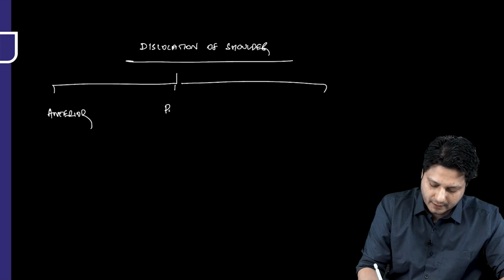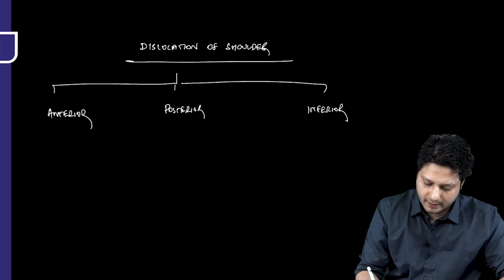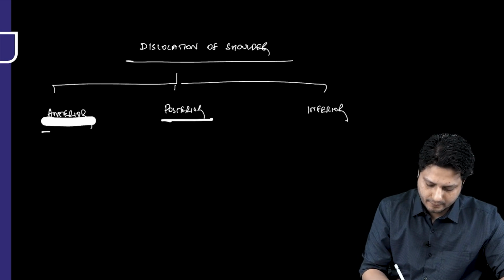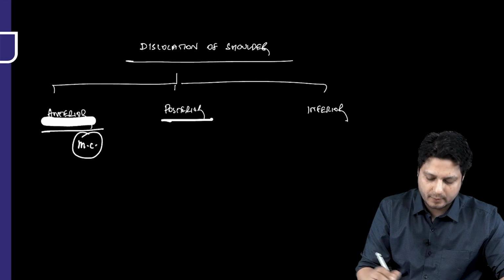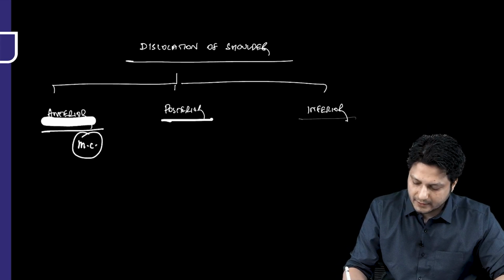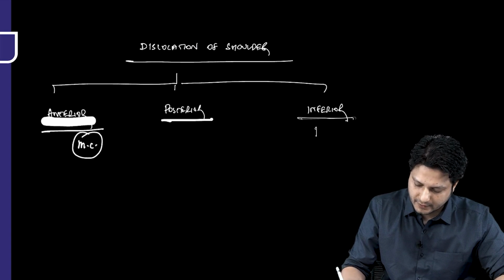The second one is posterior dislocation of the shoulder, and the third one is inferior dislocation. Out of these three patterns, the most common is the anterior dislocation. While the least common is the inferior dislocation of the shoulder.